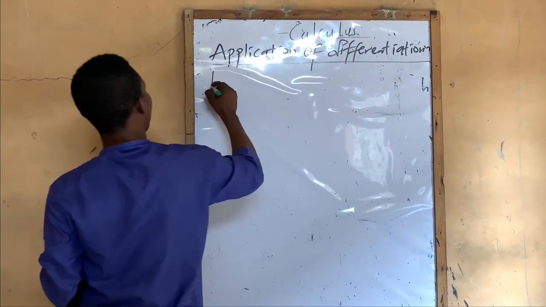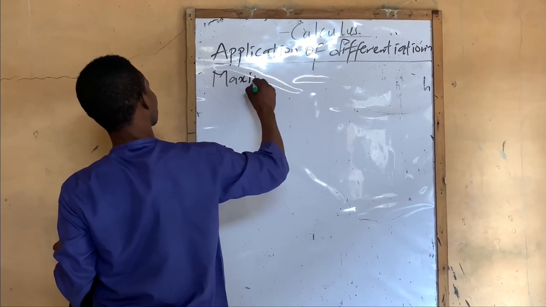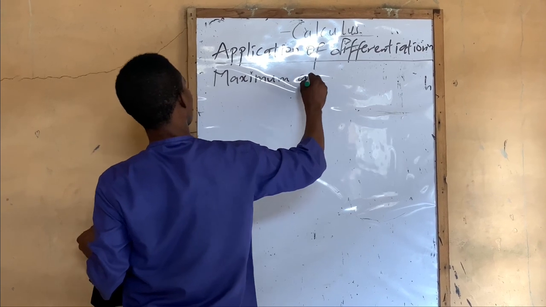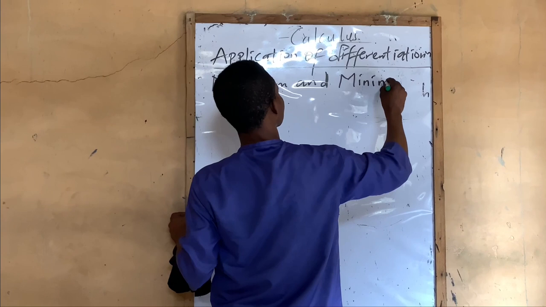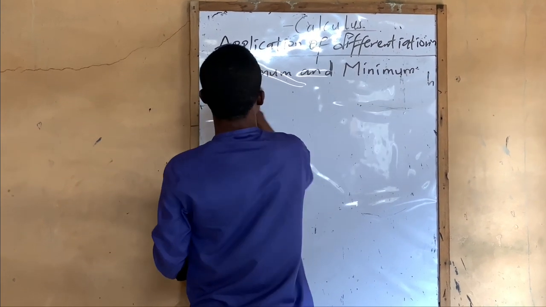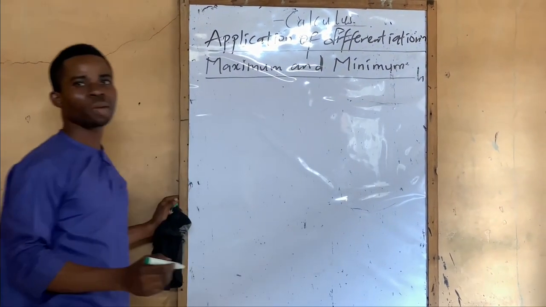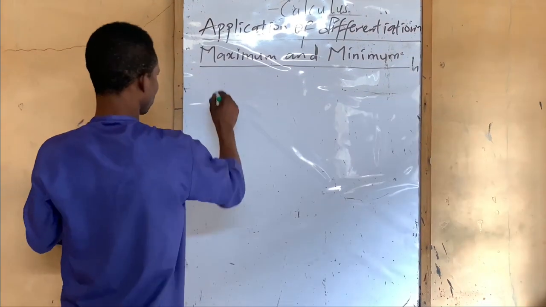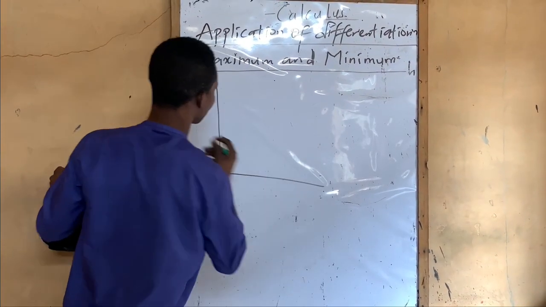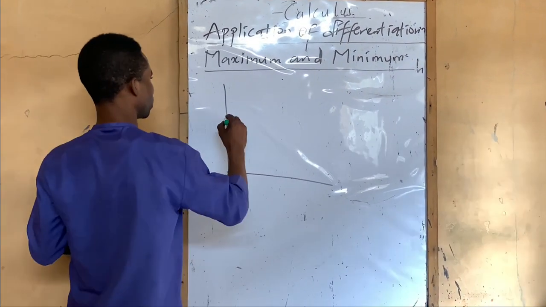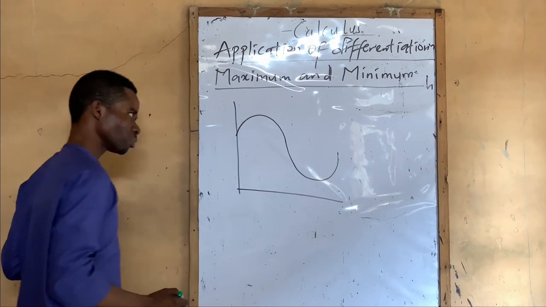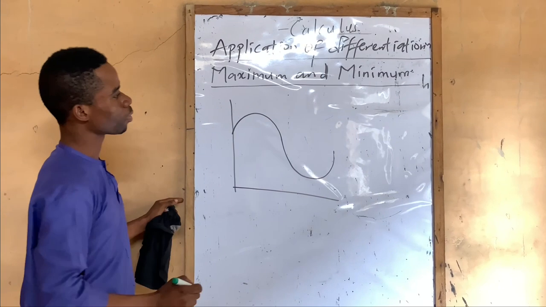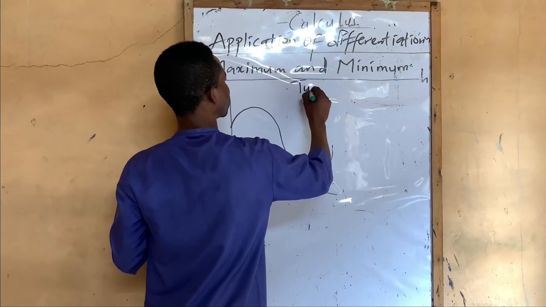We have one called maximum and minimum. Maximum and minimum. Now let me quickly talk about this. When we say maximum and minimum, what does that mean? Under the maximum and minimum, we have what we call turning point.